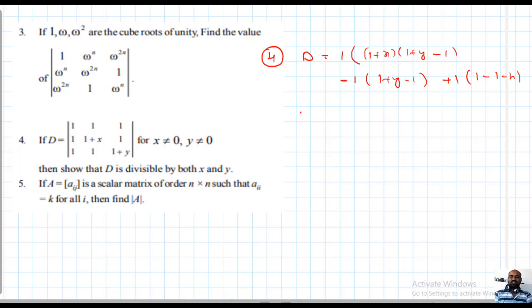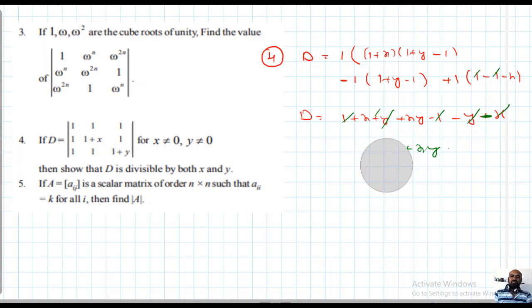Now I want to simplify this. D equal to 1 plus x plus y plus xy minus 1, minus y plus x. Just simplifications, this x, this 1 get cancelled, this y gets cancelled. Here it is minus x, so this x also gets cancelled.